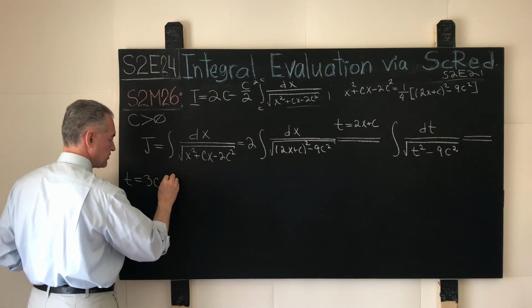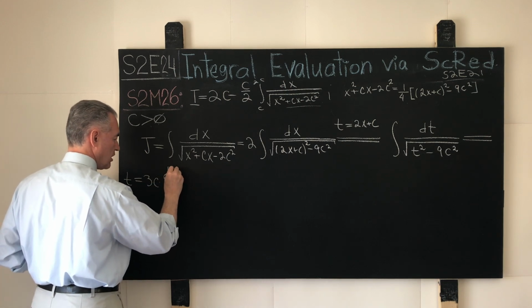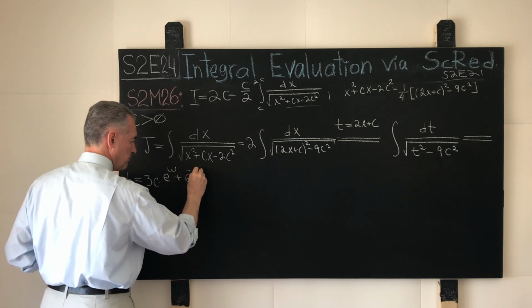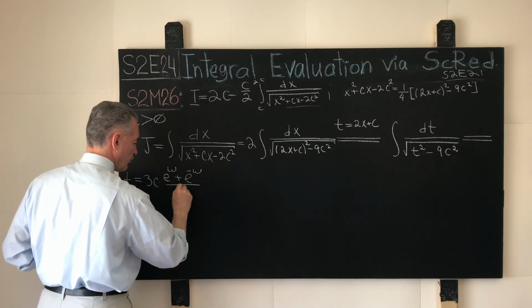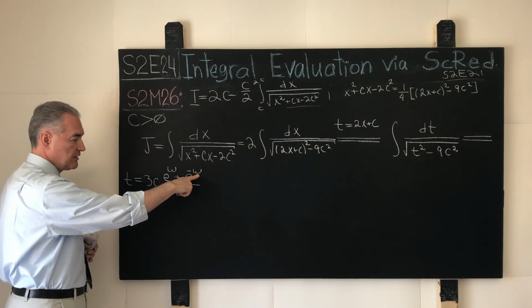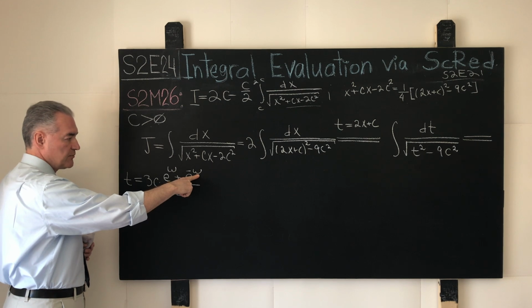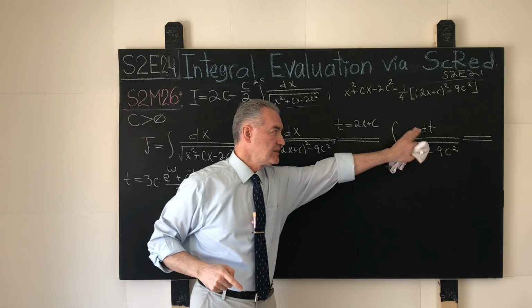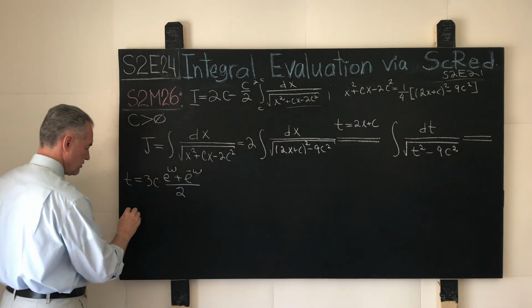3c times (e to the power w plus e to the power negative w) over 2, and the new integration variable will be w. What does that mean for us? What is the first differential dt in this case? Let's write it down together.